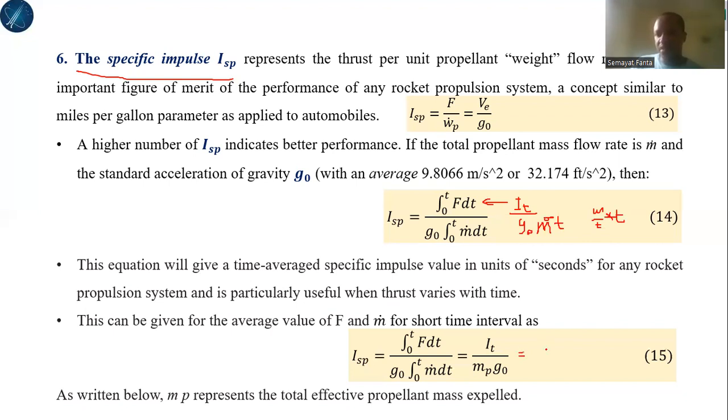Or somebody can write it as IT over G naught M dot T, because from this we get some T. So M dot T is simply M, the mass of propellant. So this is called Isp.